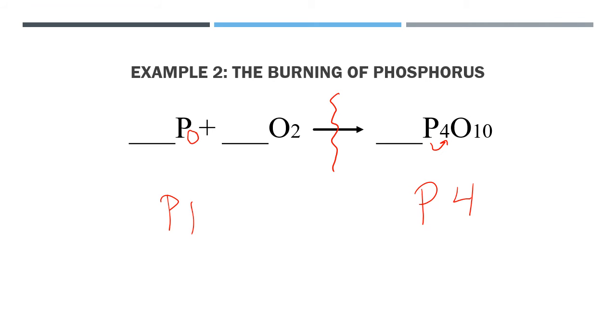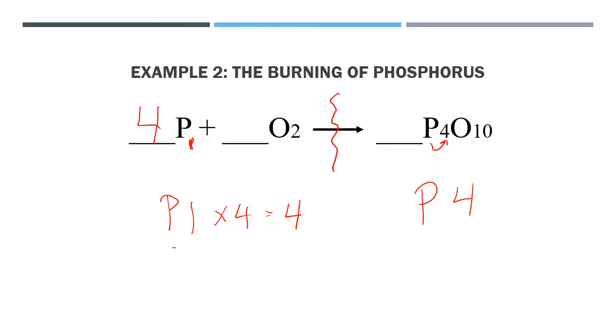If I have 1 phosphorus on the left, then I need to multiply it by 4, as in 4 times 1 makes 4, which makes 4 phosphorus on the left and 4 phosphorus on the right. So by putting that 4 there, we have the same number on both sides.